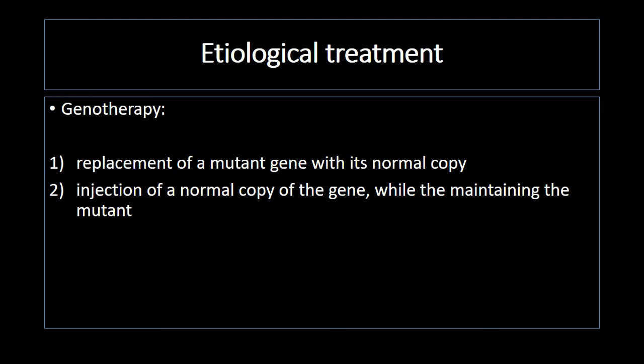And there are two ways of gene therapy. The first, replacement of a mutant gene with its normal copy. And the second way, injection of a normal copy of the gene while maintaining the mutant.